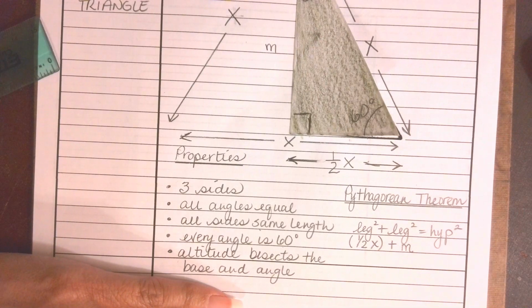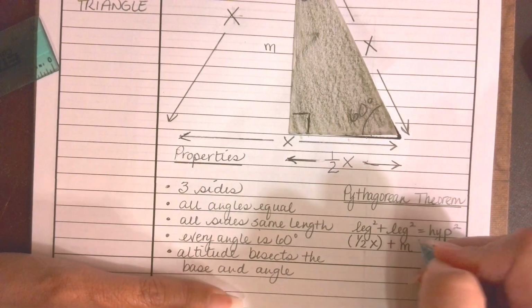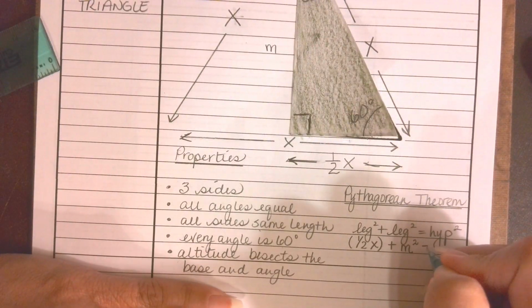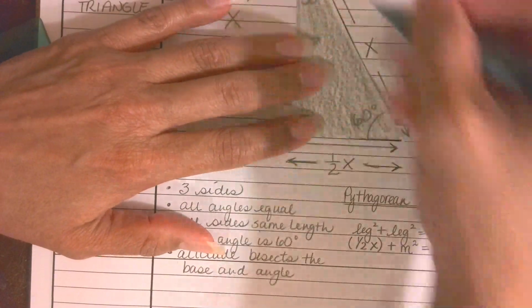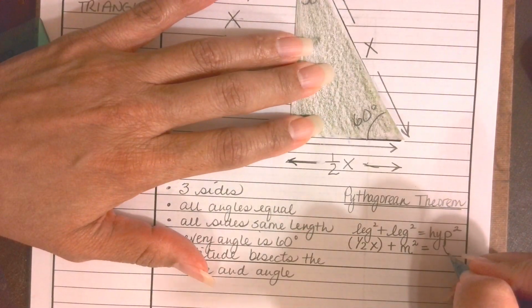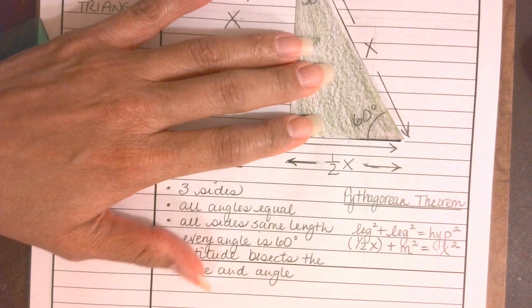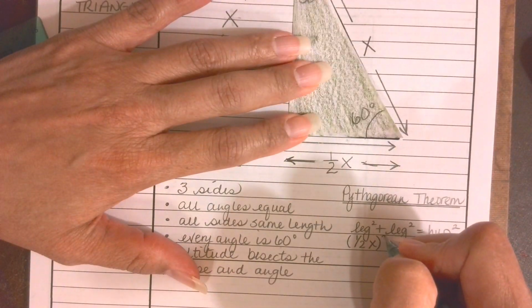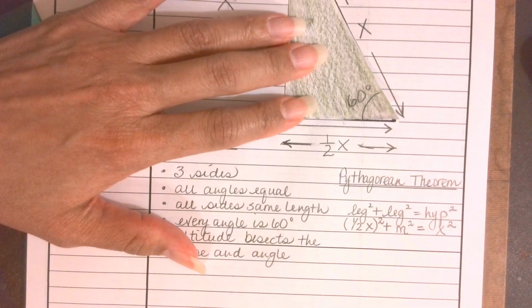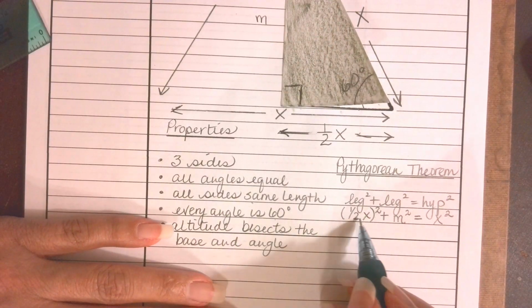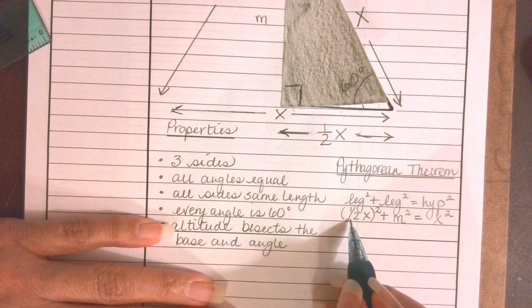So half x squared plus m squared, so I don't know what that is, equals, what is my hypotenuse? It was length x, so I'm going to put x and then the squared. Oh, I forgot the squared here. All right, so let's simplify. What is half x times another half x?